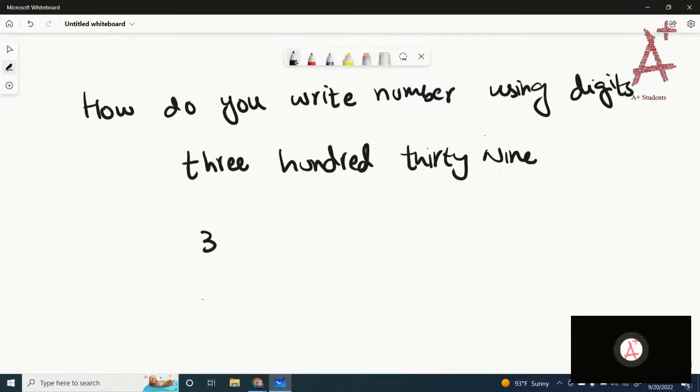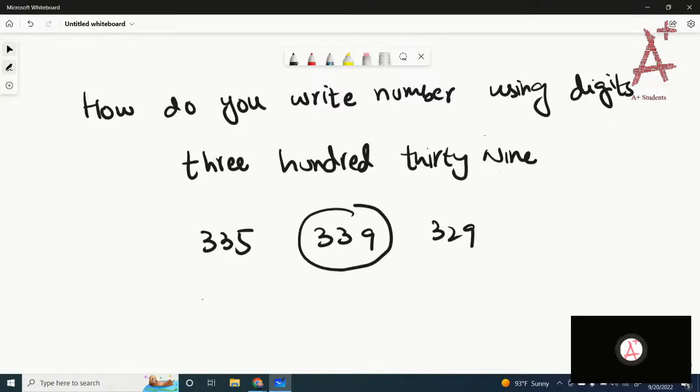You have three options given below. So which of the options is the correct option? The second one. How? You have 300. The digit at the hundreds place is 3. Then you have 30. The digit at the tens place is also 3. And the digit at the ones place is 9. So it's 339. So the second option is the correct one. Select the correct option and click on the OK button.